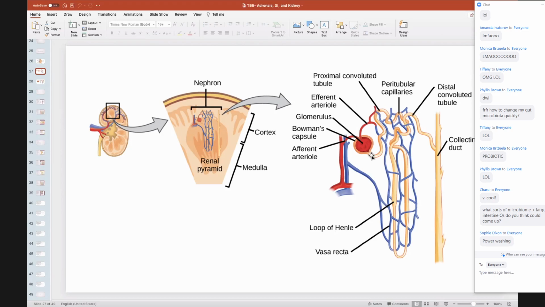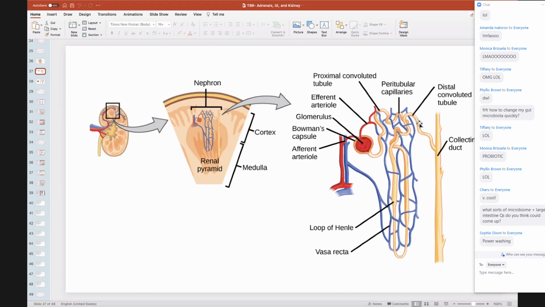Once we pass the proximal convoluted tubule, we'll enter down this giant loop right here. This loop is called the loop of Henle. We'll talk about what the loop of Henle does for us. After the loop of Henle, we go into some more twisty tubes. But these are further away from the Bowman's capsule, so they're distal. So these are the distal convoluted tubules.